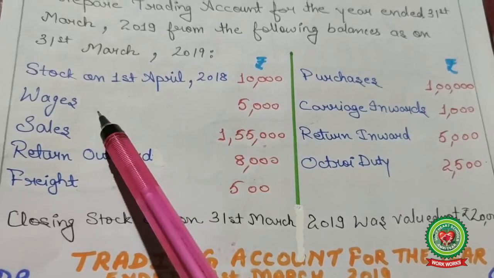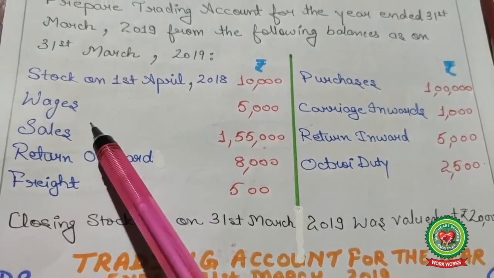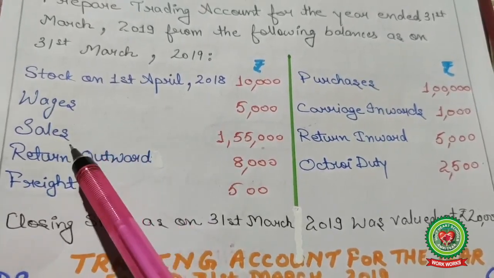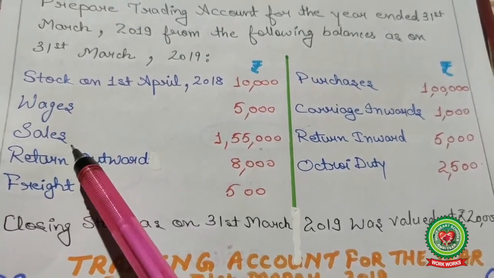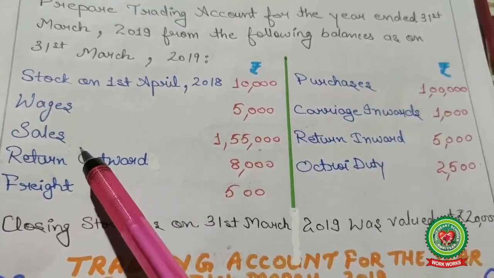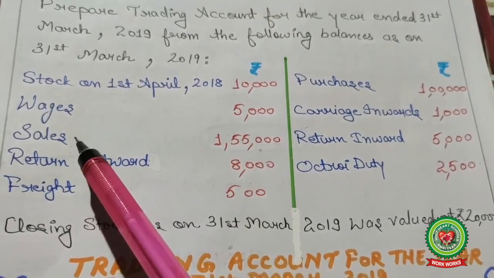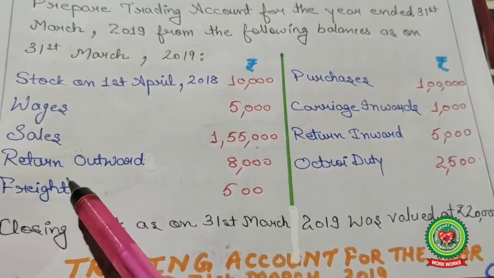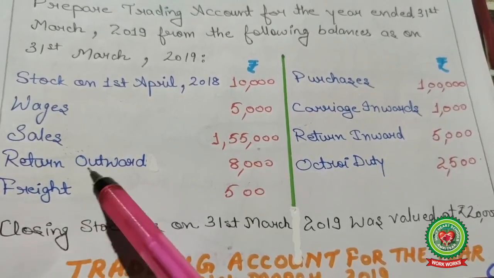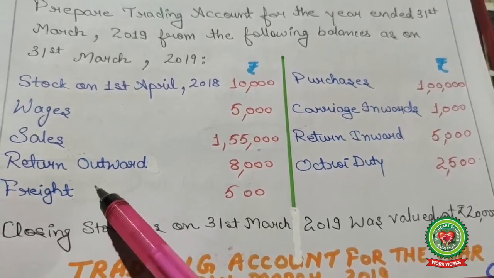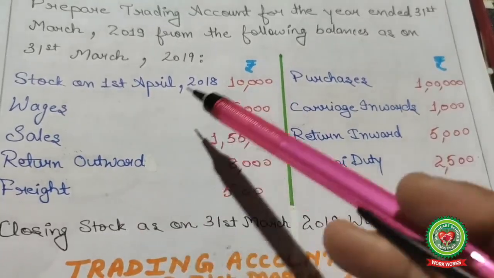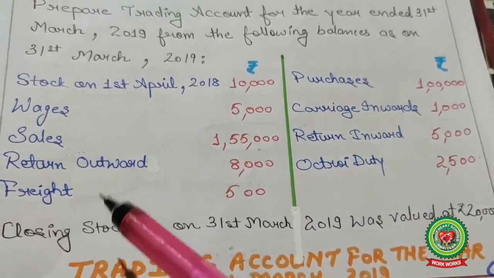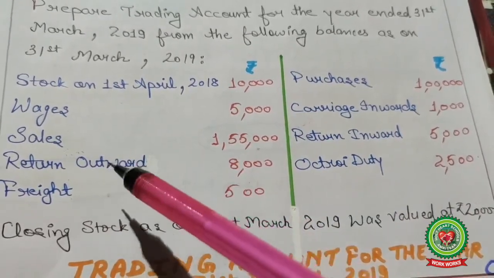Wages, when we are providing wages to the daily workers. Sales simply means sale of goods by the company to the consumers, and in return the company earns income. Return outward means that firstly we purchased and, due to some defect, we return the goods.